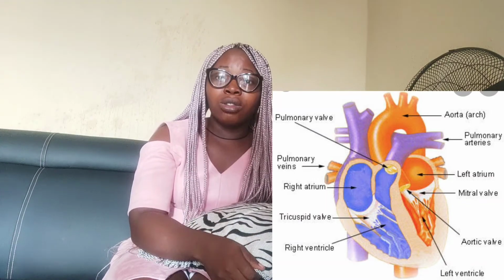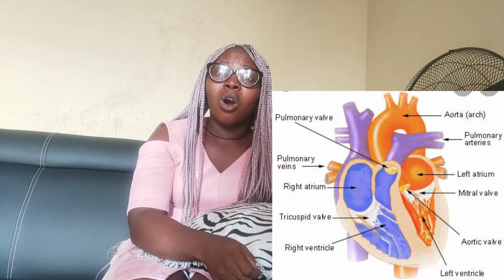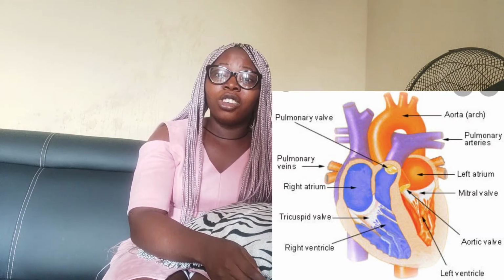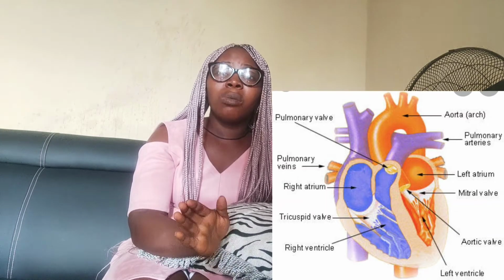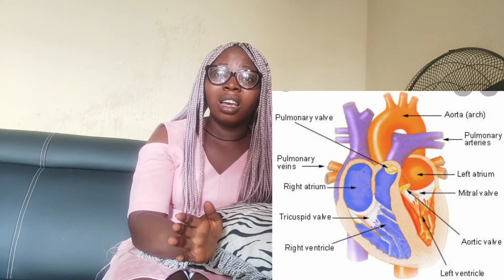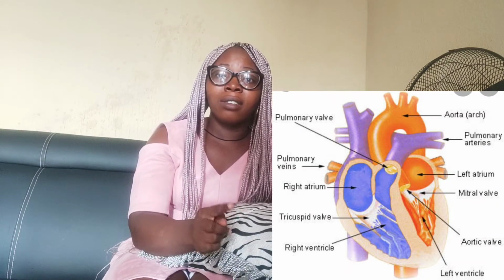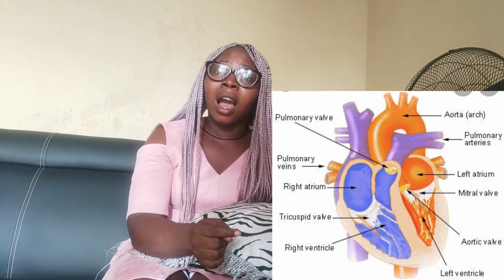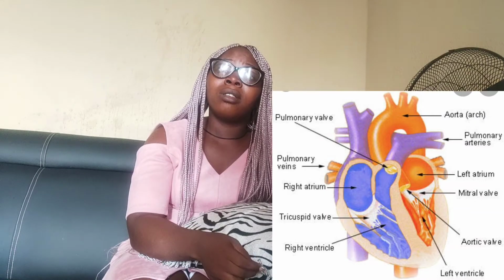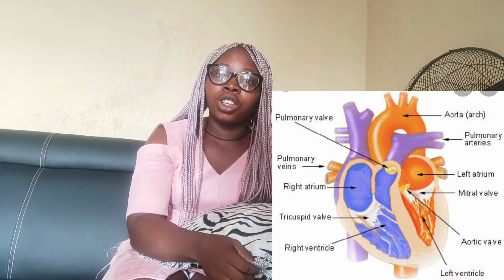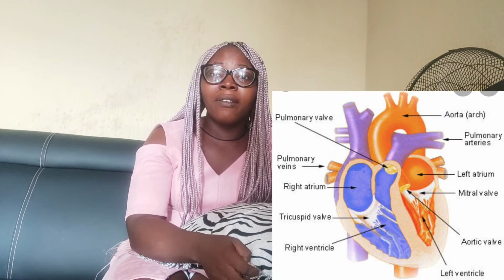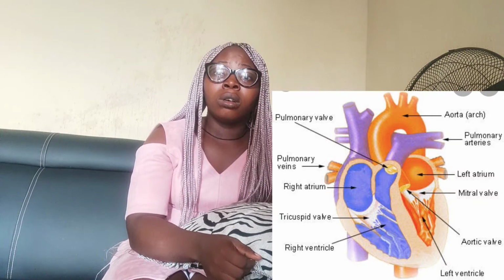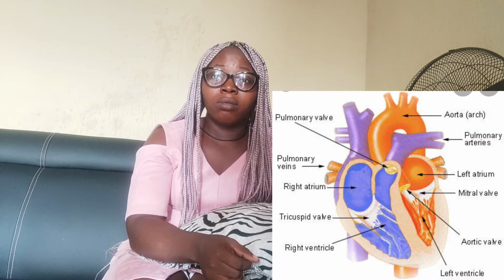Generally, arteries carry oxygenated blood, while veins carry deoxygenated blood, but in pulmonary circulation, it's the reverse. That is, the reverse is the case. The pulmonary artery carries deoxygenated blood, while the pulmonary vein carries oxygenated blood, and we have the aortic valve.